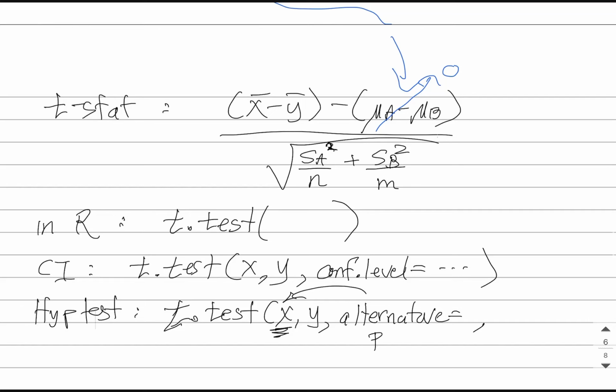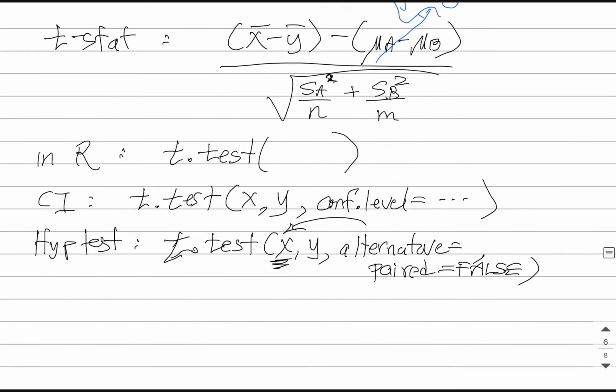And the important thing here is that we are going to have to put the flag here, paired equals false. Now, this is the default. So if you don't put this in, you will be fine, and you will automatically see that you'll get a strange degrees of freedom that is some strange decimal. So we will proceed like that.